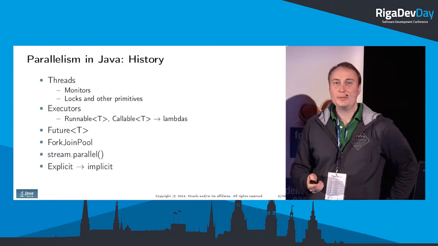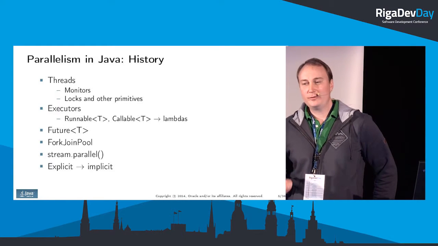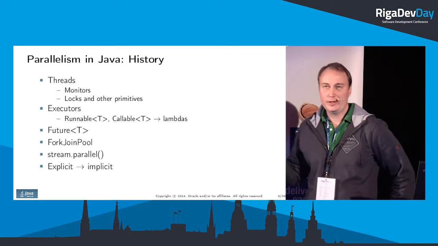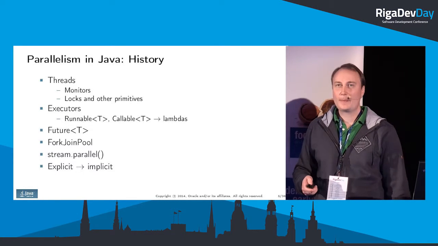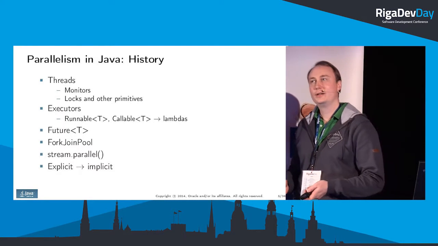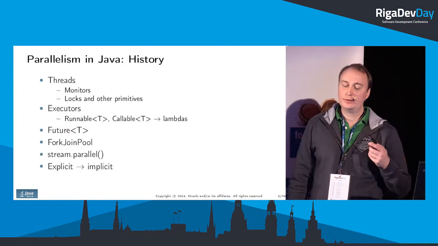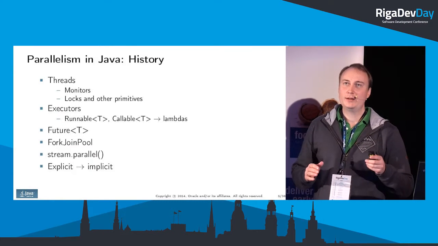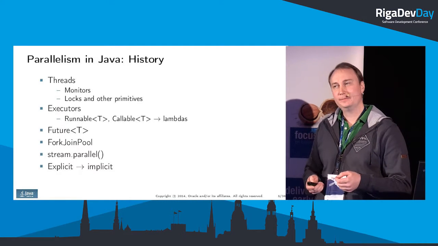And if you think about that, you will understand that the direction of evolution here is to first add some valuable things, new capabilities, and to hide complexity and to hide explicit parallelism.